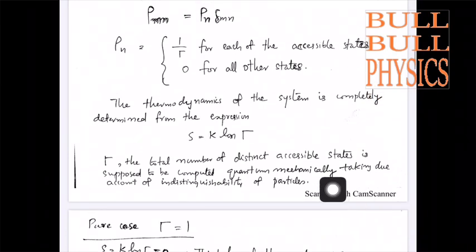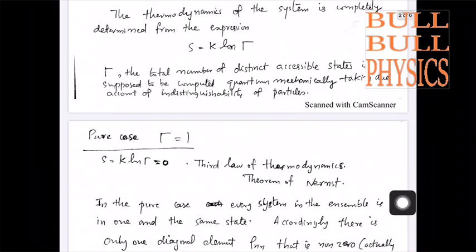So this is the fundamental equation that we use in the microcanonical ensemble. We used this in the classical microcanonical ensemble. The same relation is there. The only thing is, while we calculate gamma here, it has to be calculated quantum mechanically, considering the indistinguishability of particles.